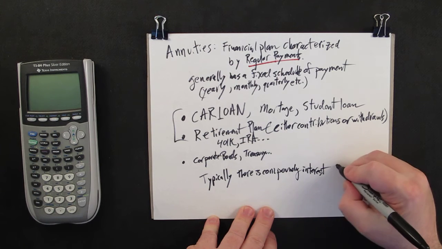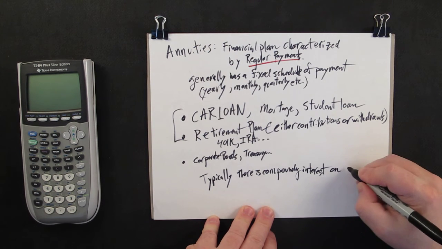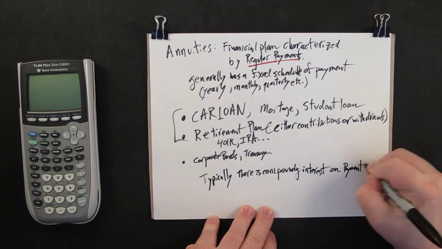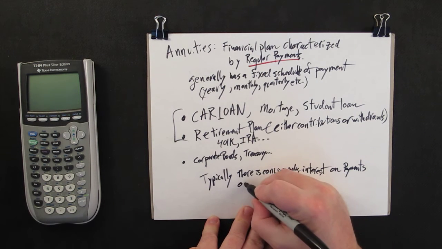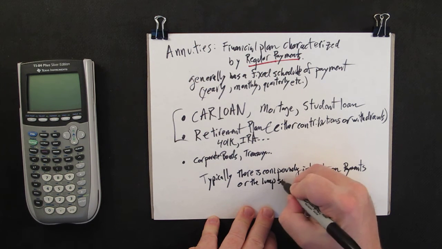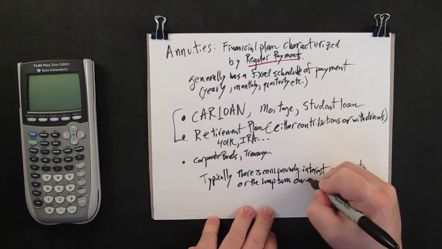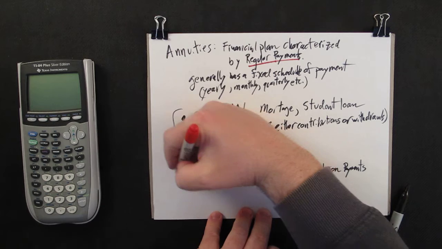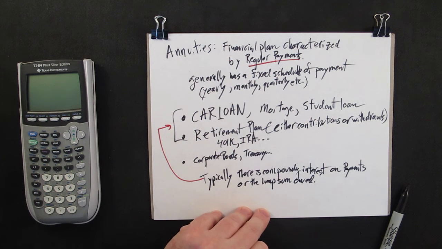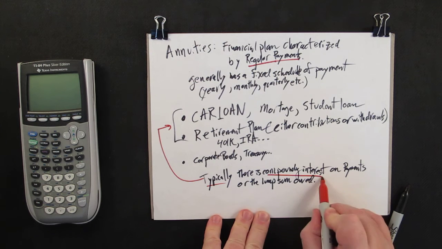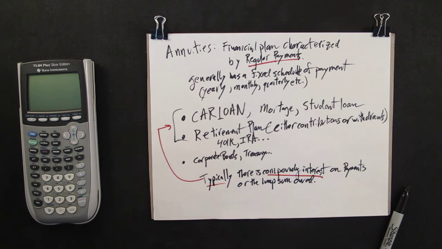This compounding interest is either on payments or the lump sum owed. And because we're again talking about the typical ones, that's what we mean. So these are the ones that usually have compounding interest on the internal workings of it.